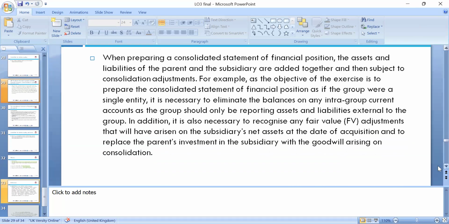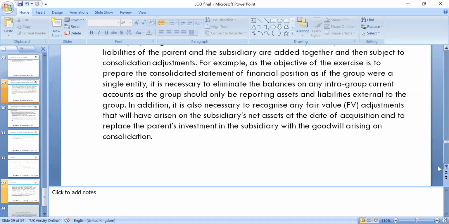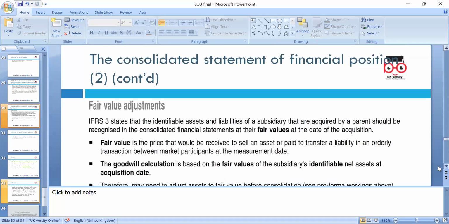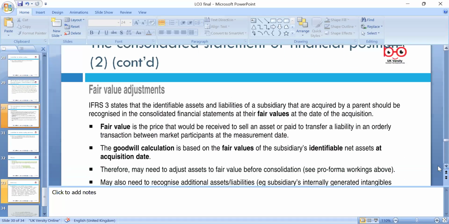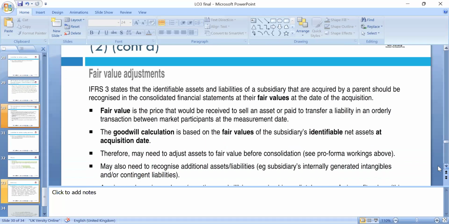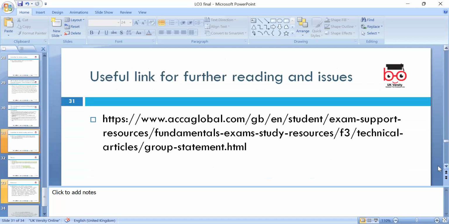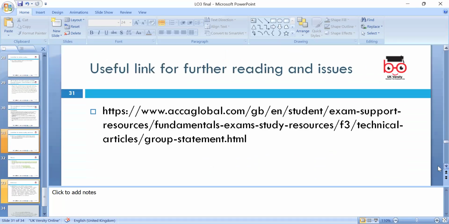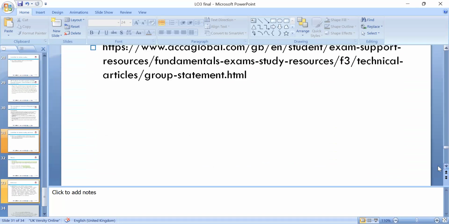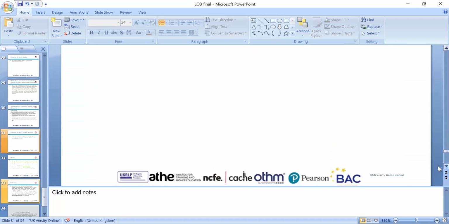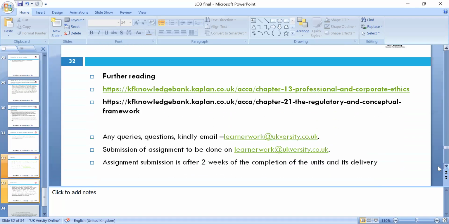Fair value means the asset value increases or decreases, and that is the fair value adjustment we make when we acquire the company and the purchase consideration happens. If you are doing these elements, fair value adjustment, goodwill calculation, and giving all the workings end to end, and you show that in your assignment under the distinction criteria, then of course you are meeting the distinction criteria.